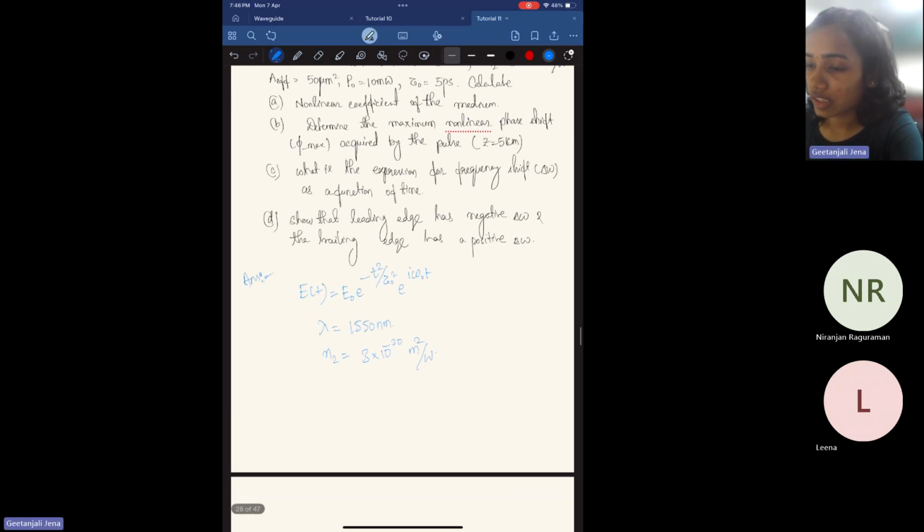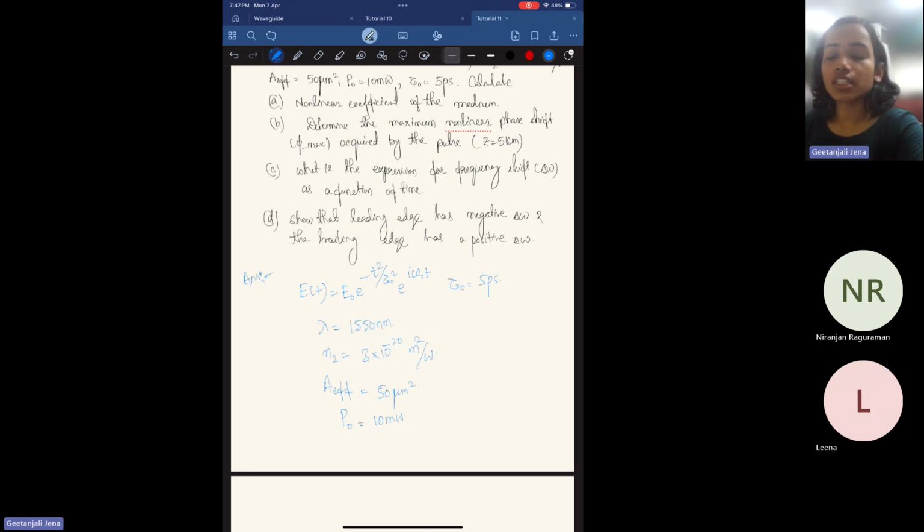And what else? A effective is also given. It is 50 micrometer square. The peak power is 10 milliwatt and the temporal width is 5 picosecond.